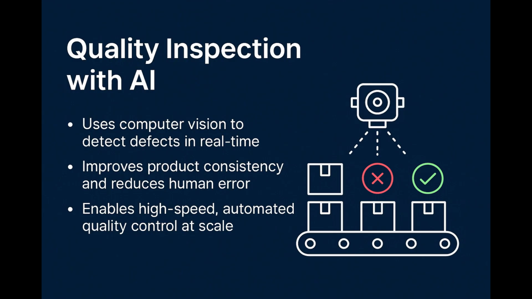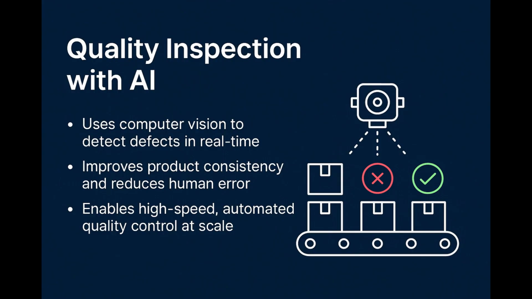They can detect cracks, surface scratches, label misalignments, or missing parts even under variable lighting or from different angles. This makes inspections more reliable, especially in high-mix, low-volume production environments where products often vary. AI inspection systems also reduce false positives, so you catch only the actual defects and avoid wasting time on perfect parts.